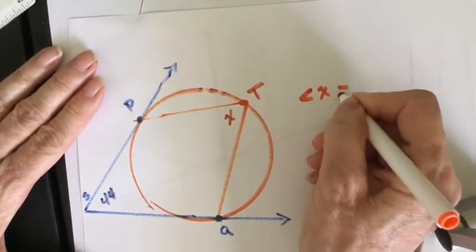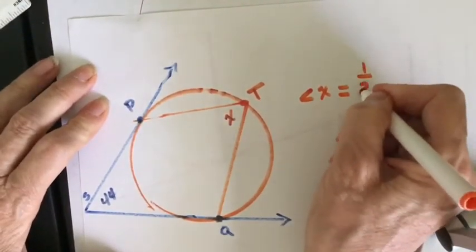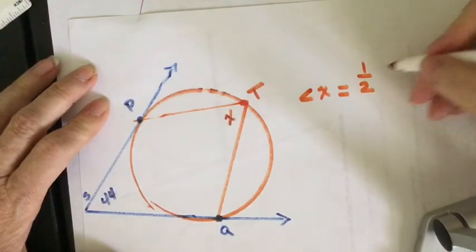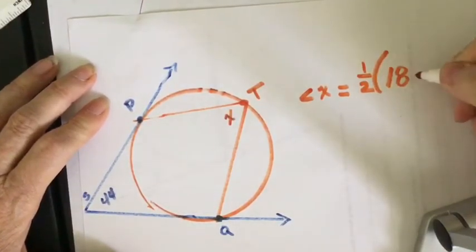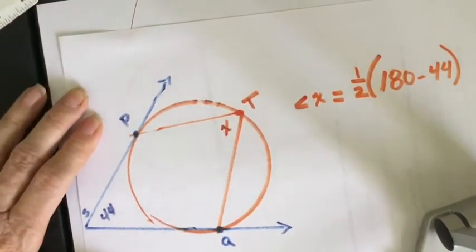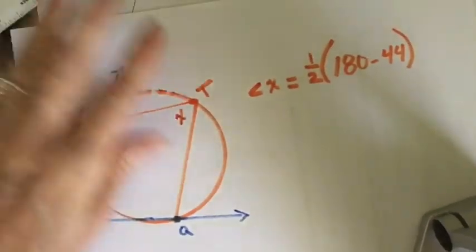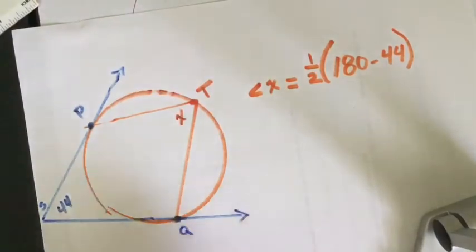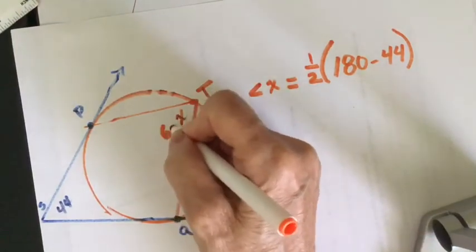So the measure of angle x is going to be equal to 1/2 of 180 minus 44. When I do all of the work, I'm going to get that angle x is equal to 68.